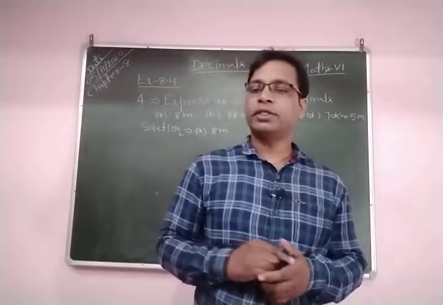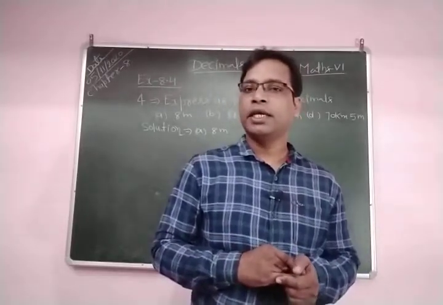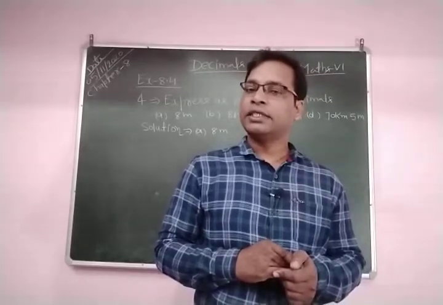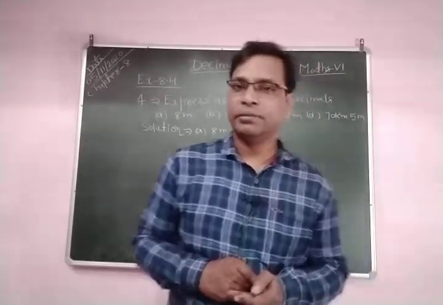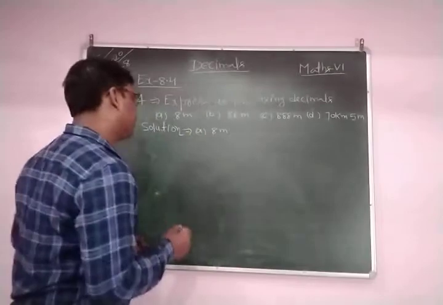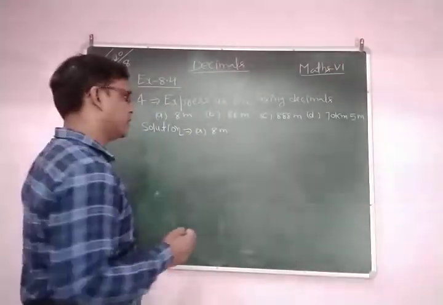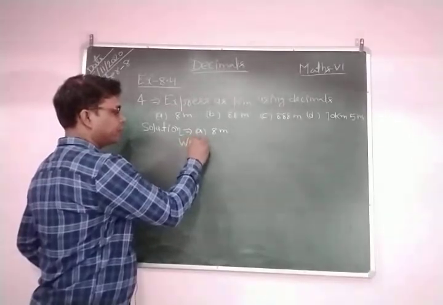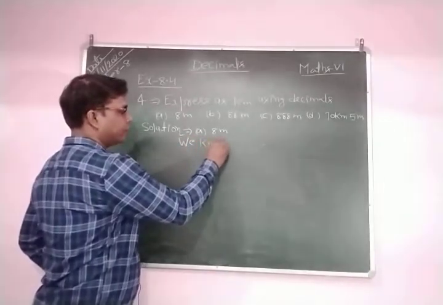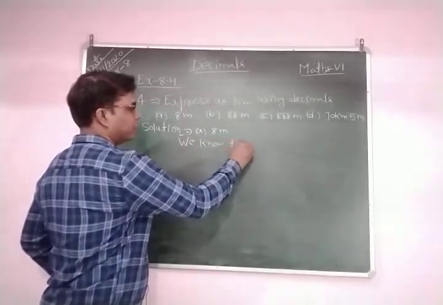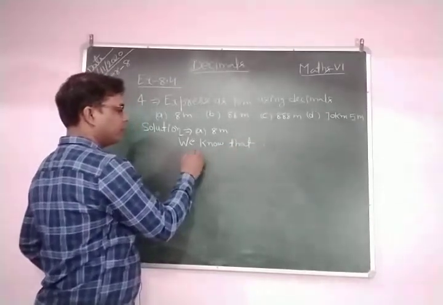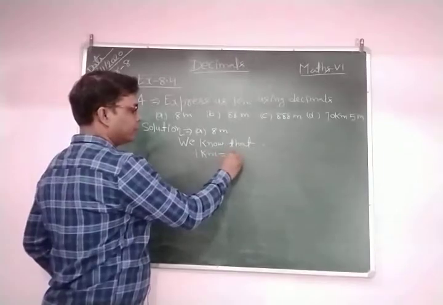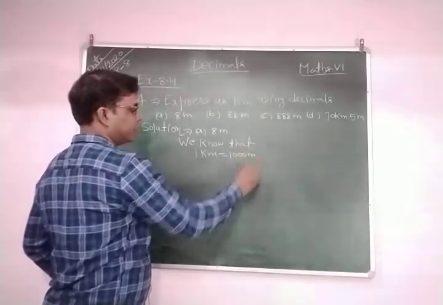So let's see how to express meters as kilometer using decimals. For this, first you write here, we know that 1 kilometer is equal to 1000 meters.